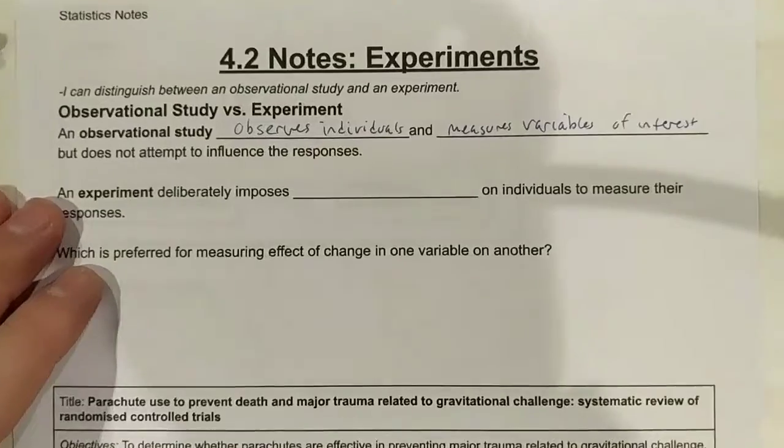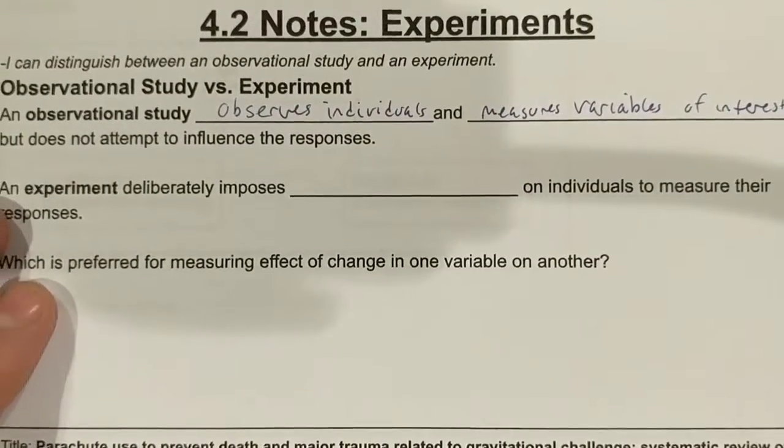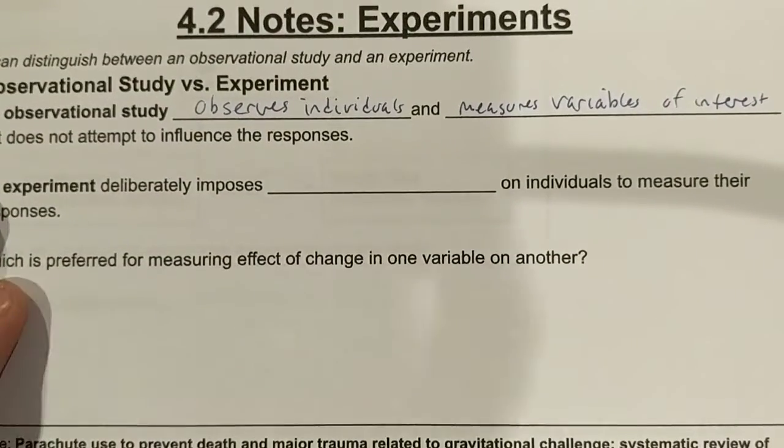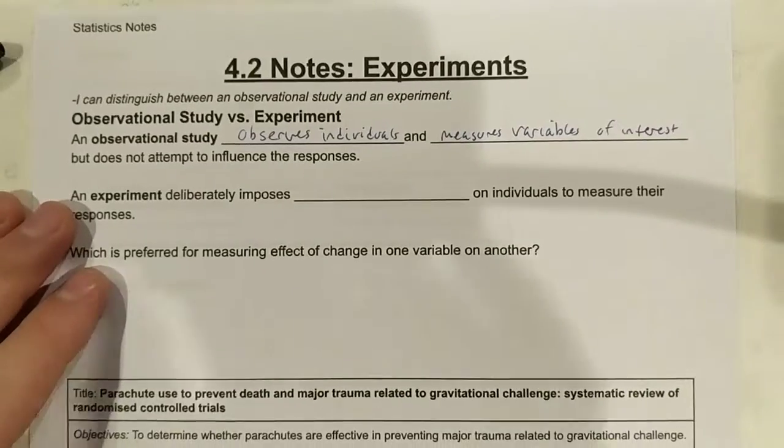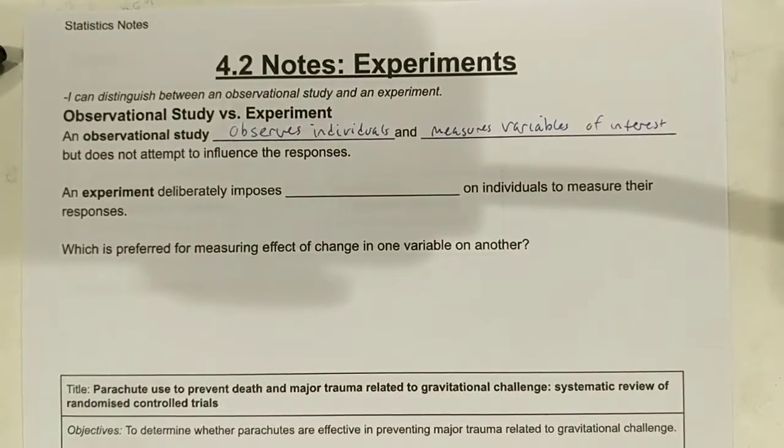So if you are running an observational study, you are simply an observer, someone who sits back and just watches and does not make any attempt to get in there or intervene at all. If you're attempting to actually do that, though, that's what's called an experiment.